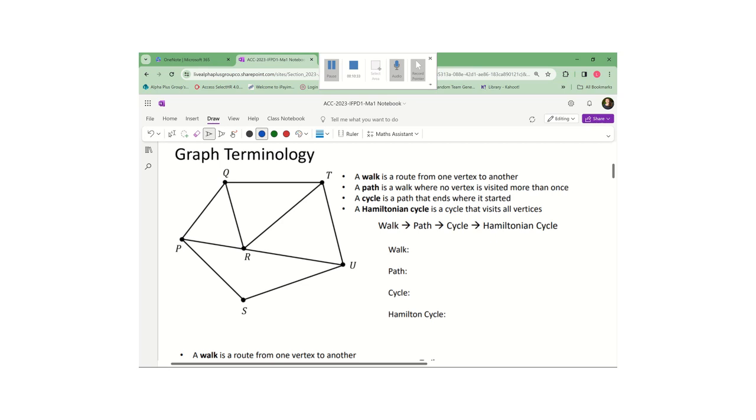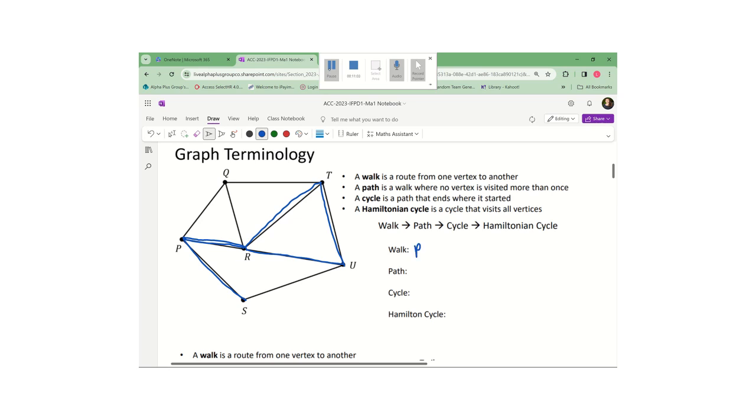A walk might be, I'm going to go from P to R, and then from R to U, and then up to T, and then from T to R again, and then to P again, and then to S. That was just a random example.